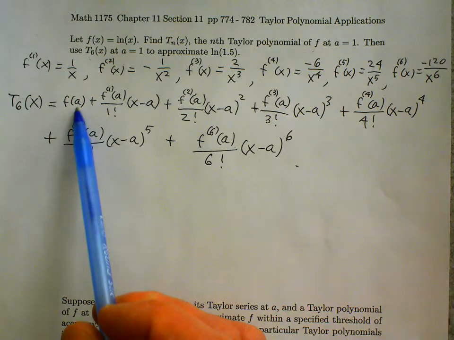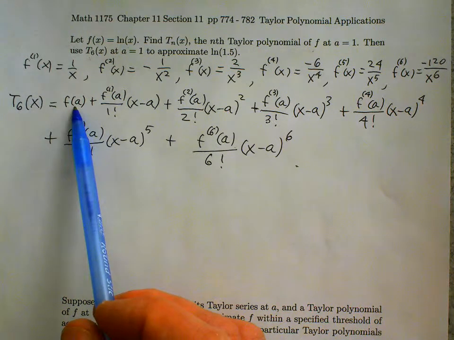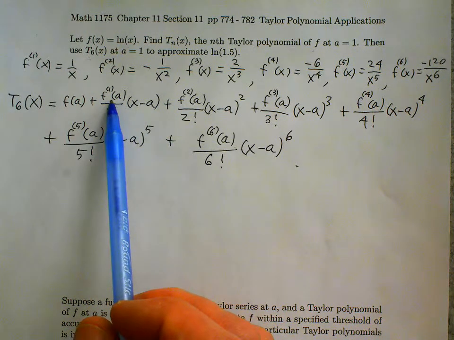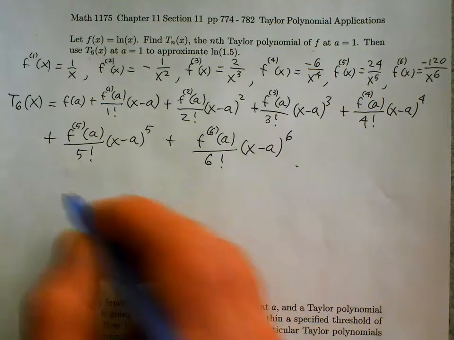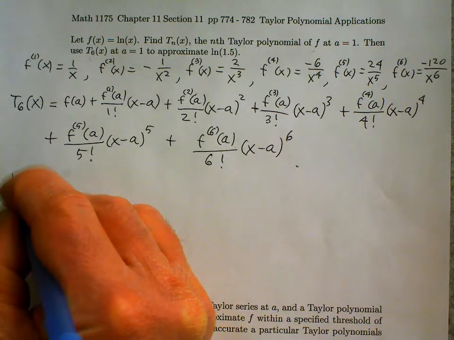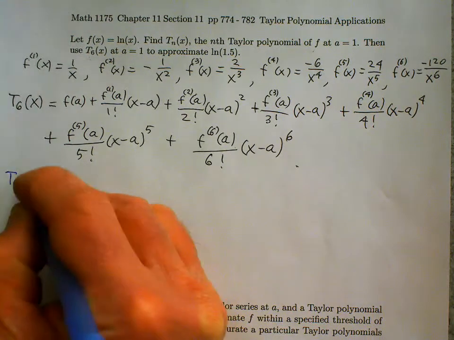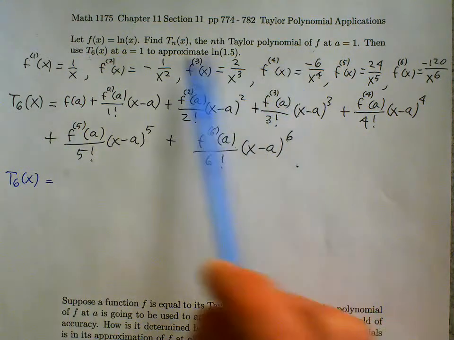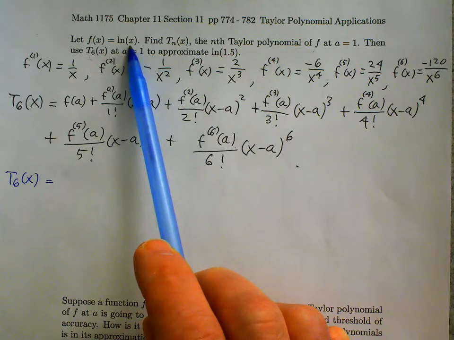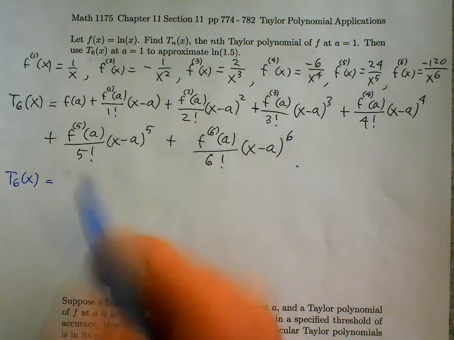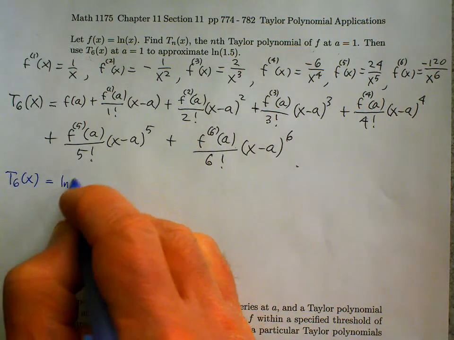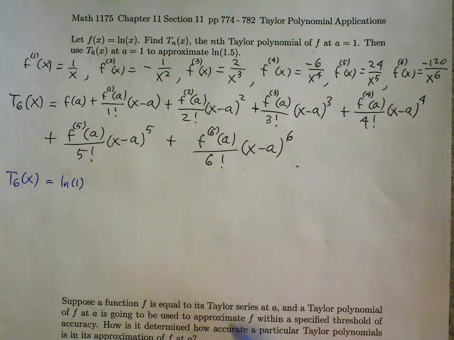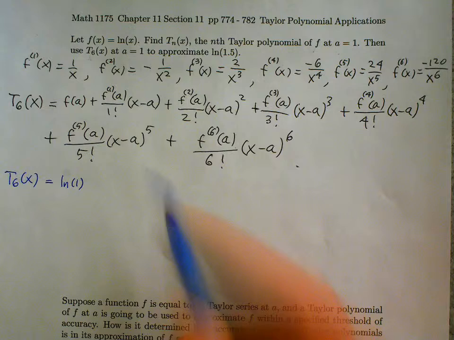But now we'll go ahead and replace a with 1 and simplify the coefficients. So T sub 6 of x. The function f of x is the natural log of x. A is 1, so the first term is the natural log of 1, which is 0, but we'll catch that in the next line.